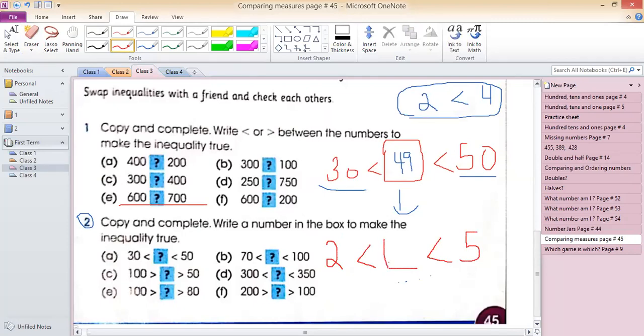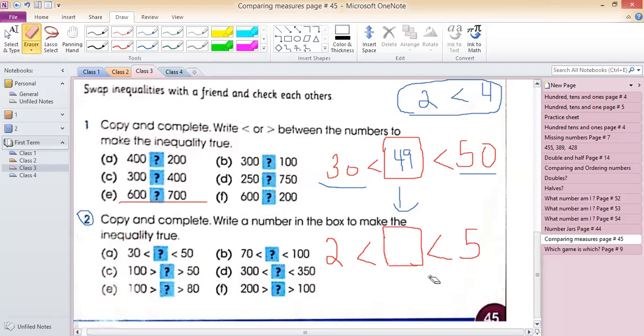That number should be greater than 2. So greater than 2 are 3, 4, 5, 6. But there is one more condition, that it should be less than 5 as well. So the number should be between 2 and 5.